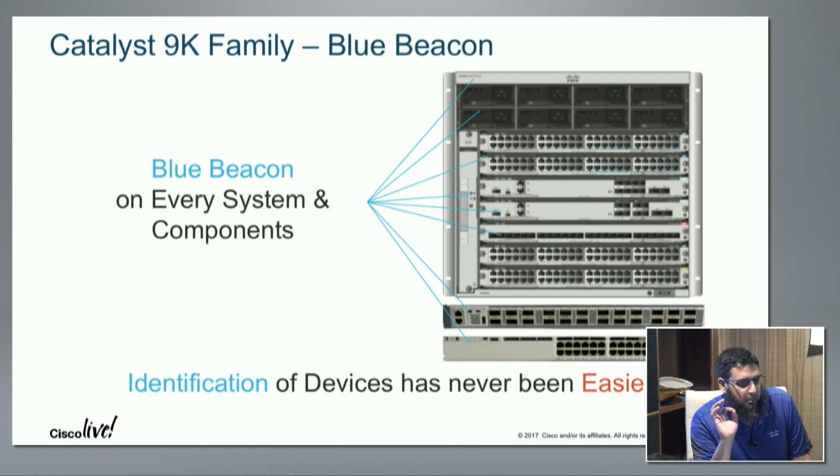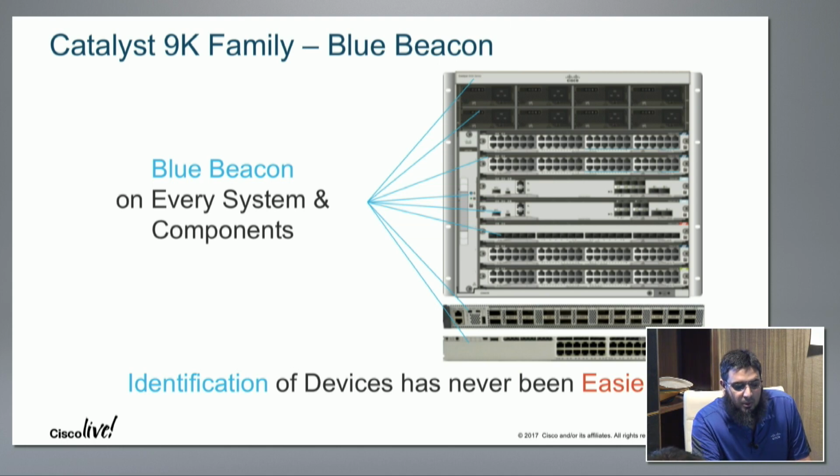It's a blue light that can be enabled from the CLI, which can identify that device, right? So from the comfort of your office, you just go to the CLI, you say blue beacon on, and then you can send someone there to go and look at that line card that's blinking the blue LED, take it out, service it, and do or put a cable or something like that, right?